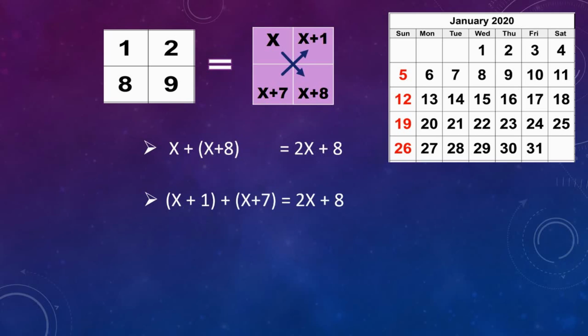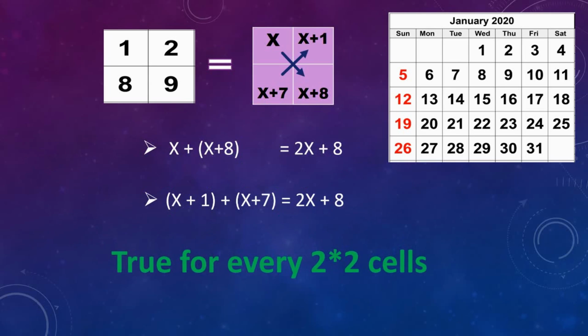And if we do it with the other ones, we'll get x plus 1 plus x plus 7 equal to 2x plus 8. As you see here, both are equal, right? It's 2x plus 8. So it's true for every 2 by 2 cells, and hence we proved it.